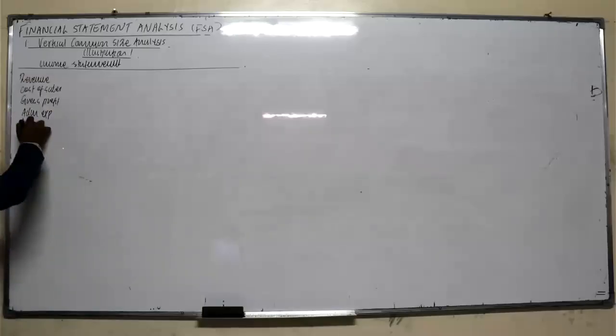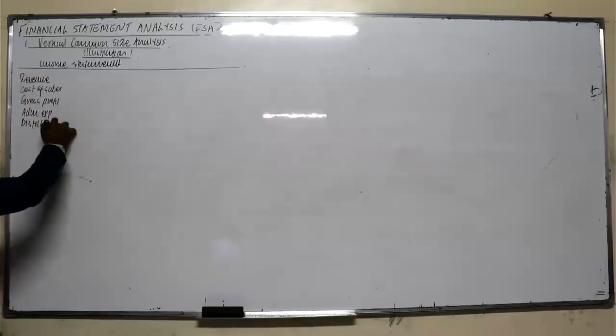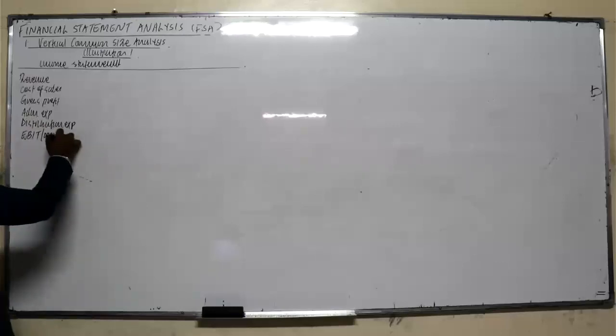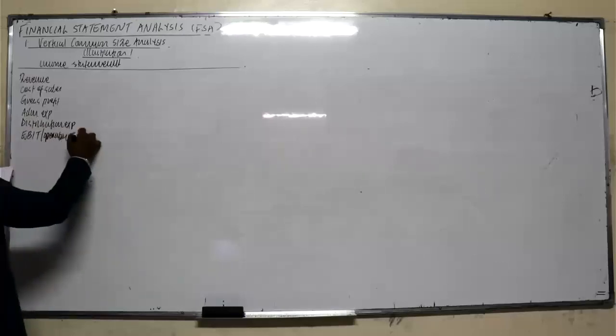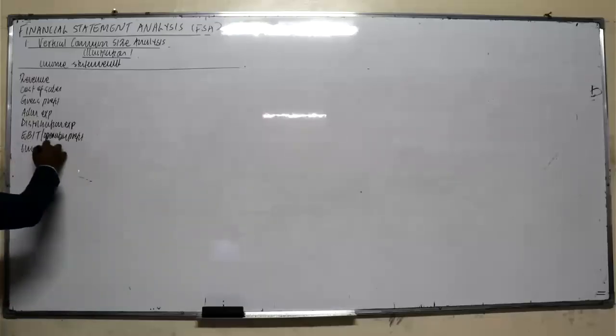Then we have the distribution expenses. That you get the operating profit. That's the EBIT. It's also what we call the operating profit. And then you add the investment income so that we get now the earning before the tax. You raise the tax expense, and that's how we get the net income.